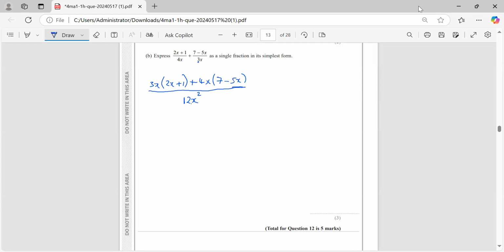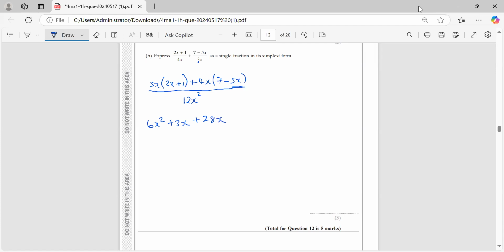All right. So I'll try to expand this bracket over here. So 3x times 2x, that's 6x squared. 3x times plus 1, that's plus 3x. And then you move on to the second bracket, 4x times 7, that's plus 28x, right?